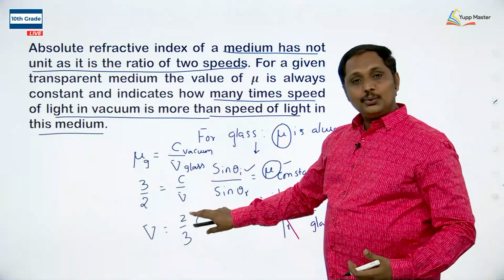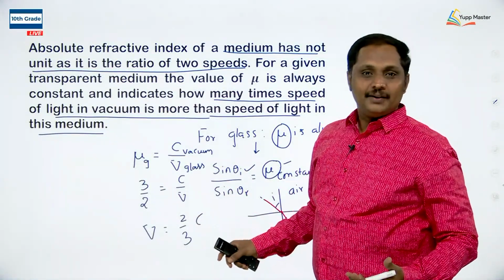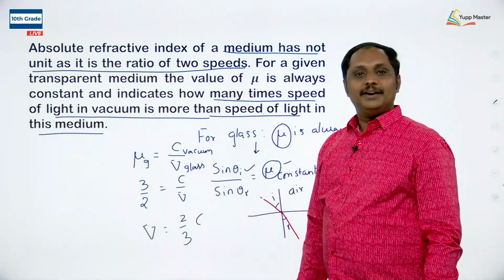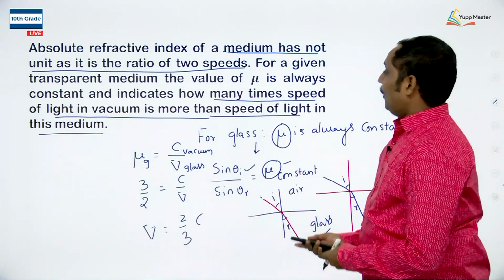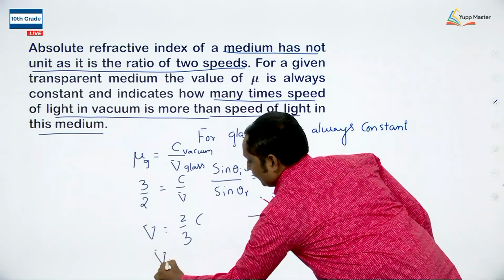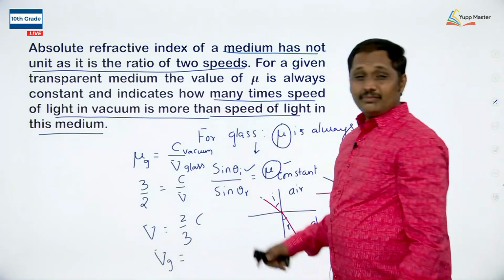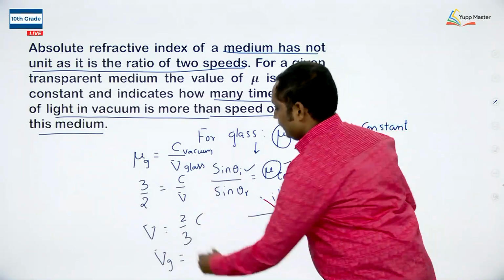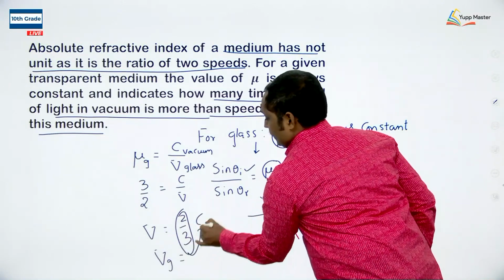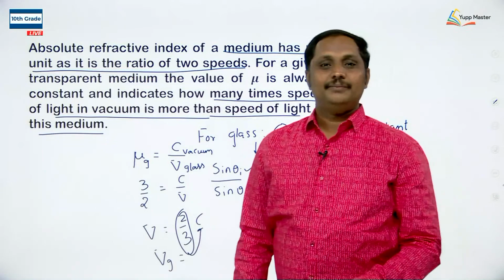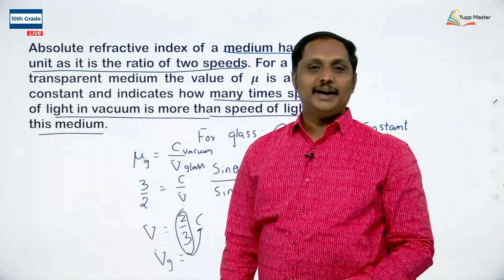So, if you know the comparison by means of refractive index of a material, it is very clear. Now, V in the glass is reduced to 2 by 3 times of the speed of light.